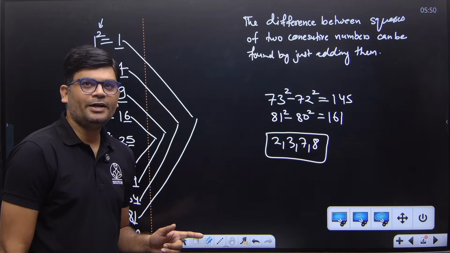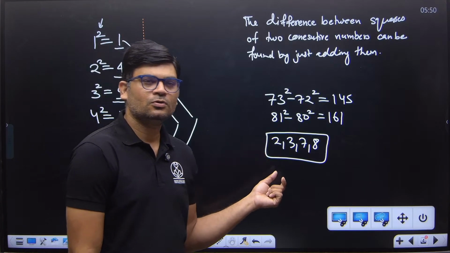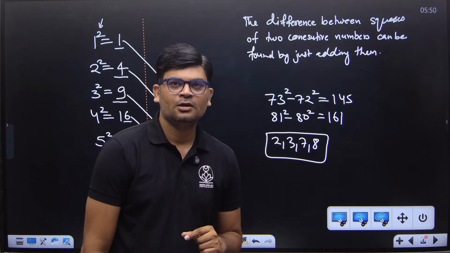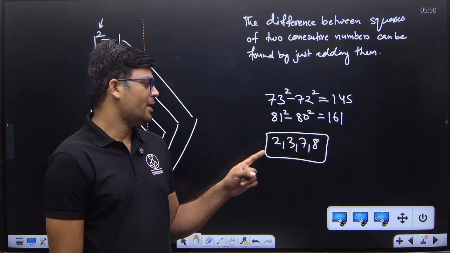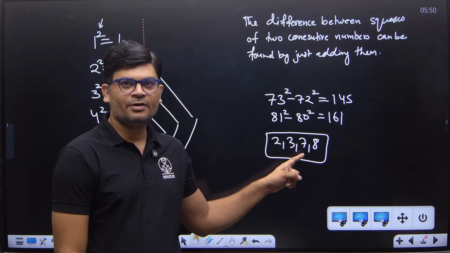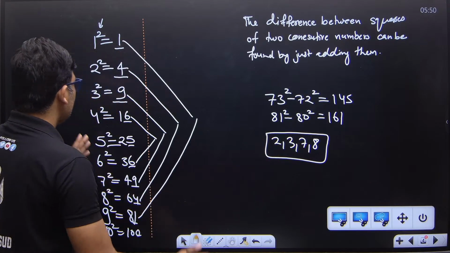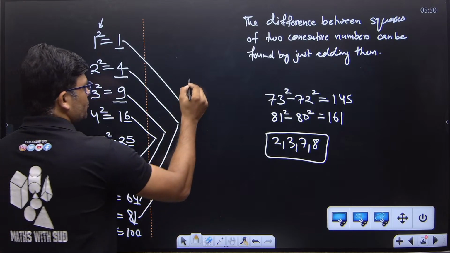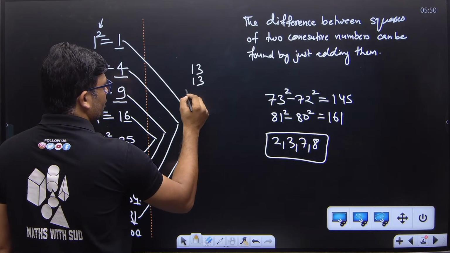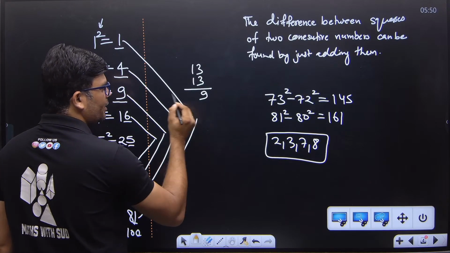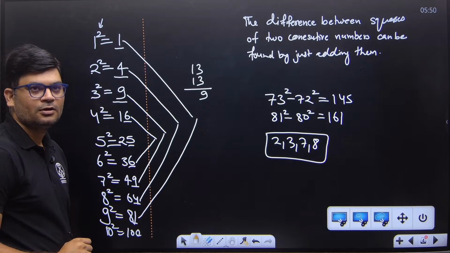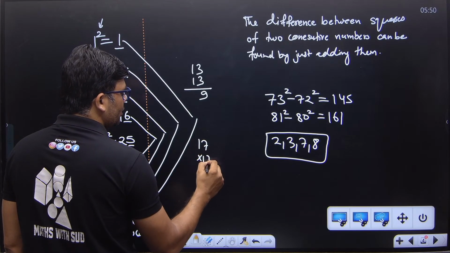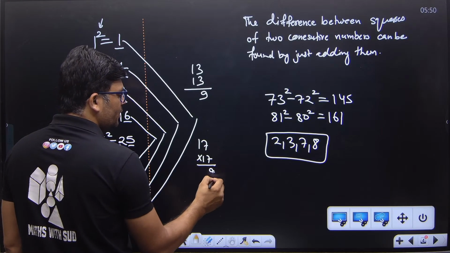You can never find a square whose last digit is 2, or 3, or 7 or 8. Because you multiply 2 into 2, you will get 4 only. 3 into 3, you will get 9 only. Suppose 13 into 13, the last digit will be 9 only. Let us suppose 17 into 17, the last digit is going to be 9 only.